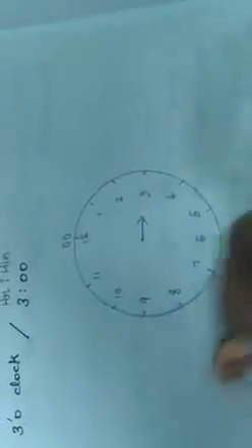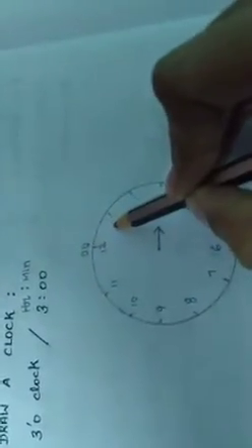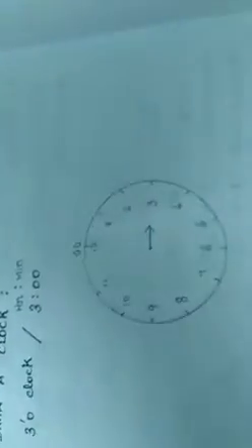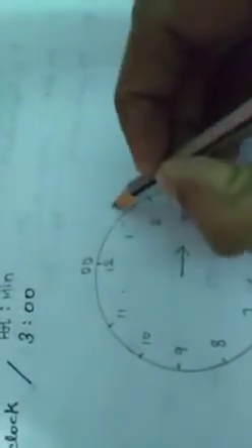Now outside the circle you write the fifth table. Which table? Fifth table. Start from here. 1 5 is 5.